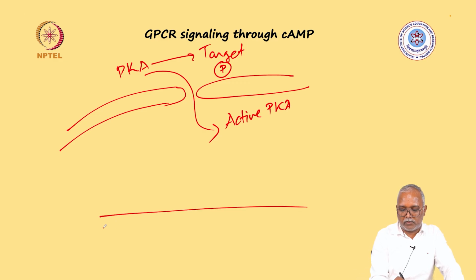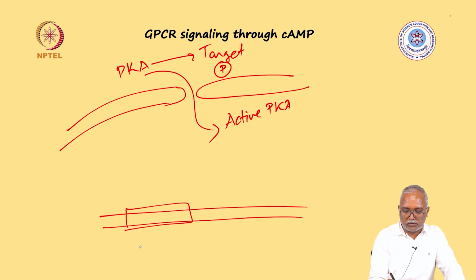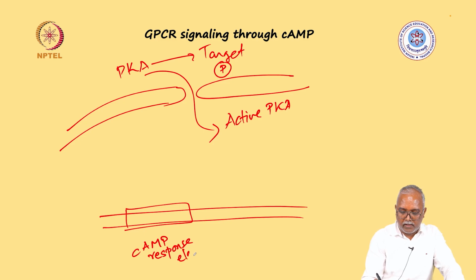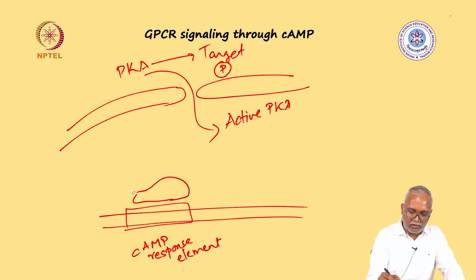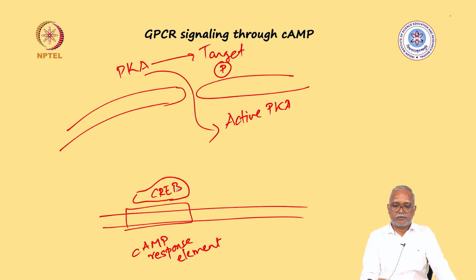So, there in the DNA there is a sequence which is called cyclic AMP response element, to which there is a molecule called CREB is bound.